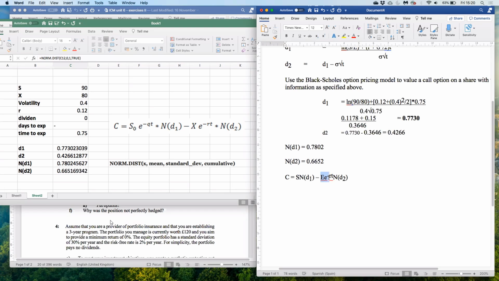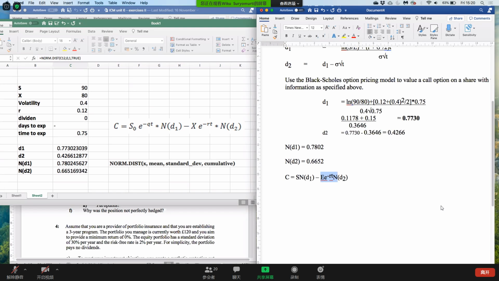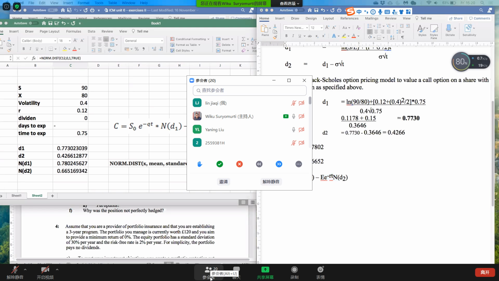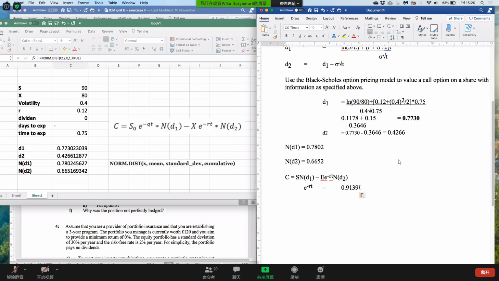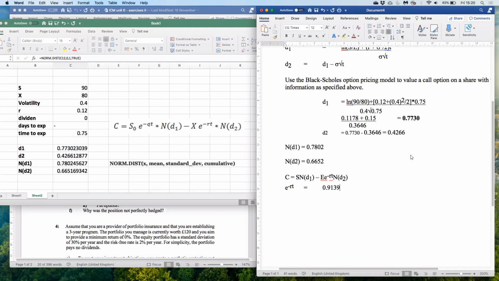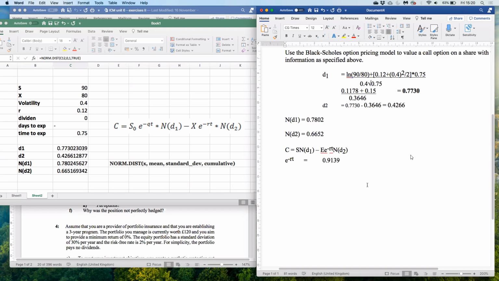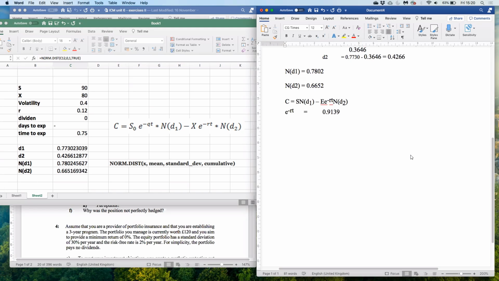We calculate e to the power of minus rT, and we get 0.9139, for the value of the options.